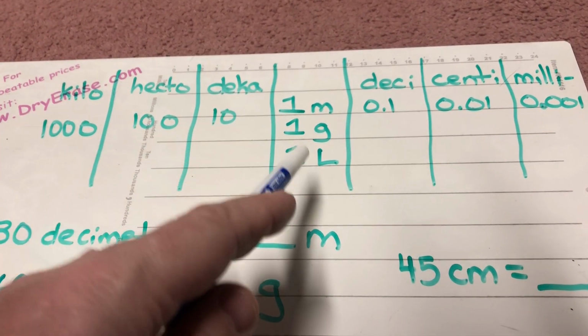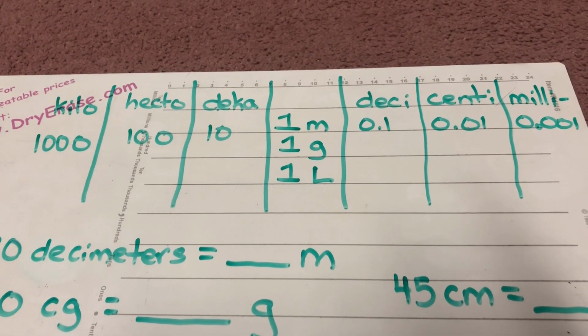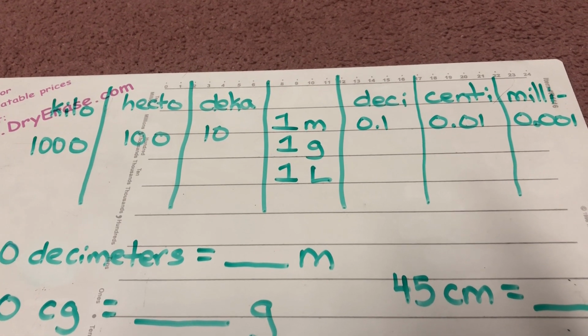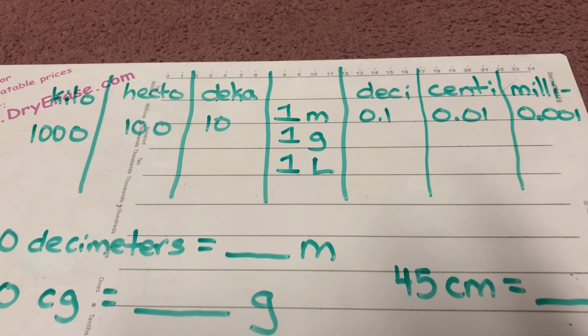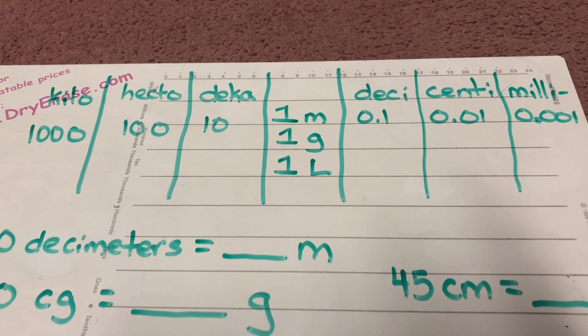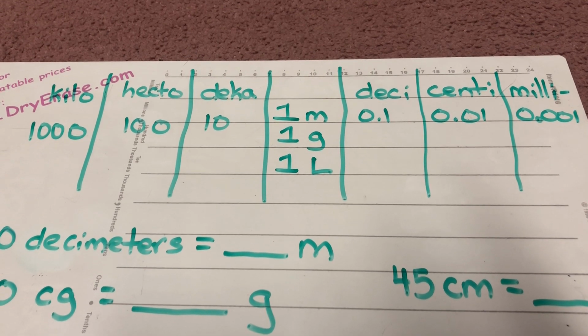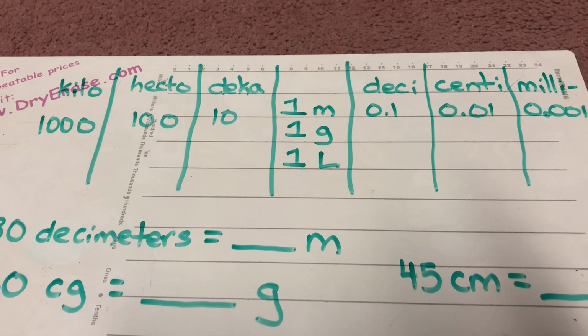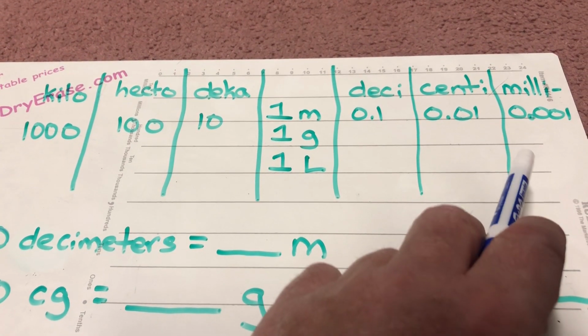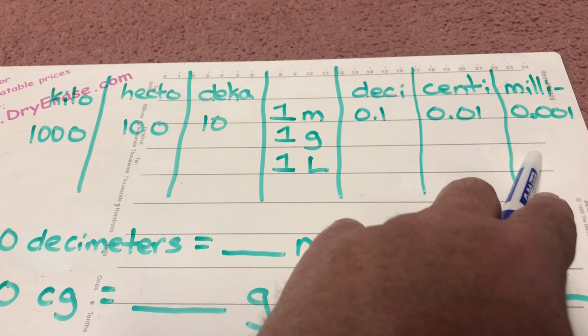The measurement gets smaller, and since it's a smaller measurement, it will take more of them to be the same length, okay? Like 1,000 millimeters is the same as 1 meter, okay? It takes more of them because they're a smaller unit.